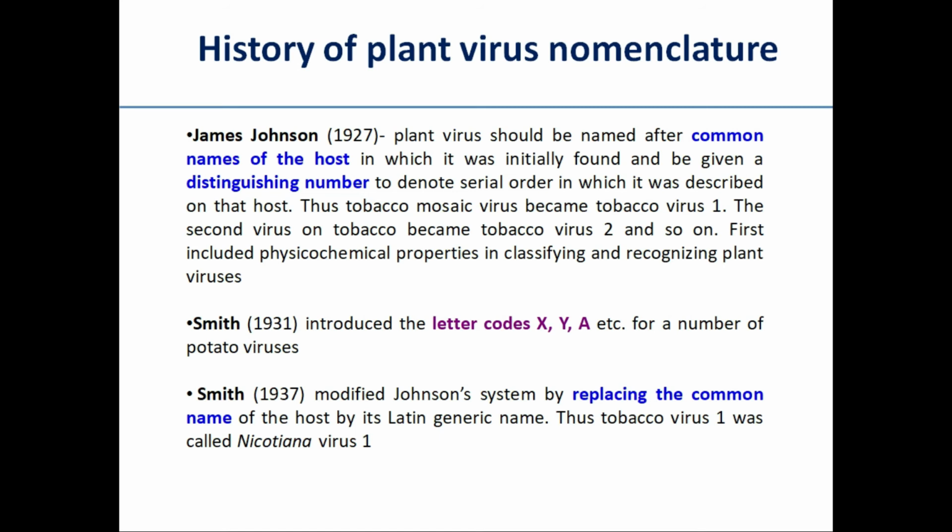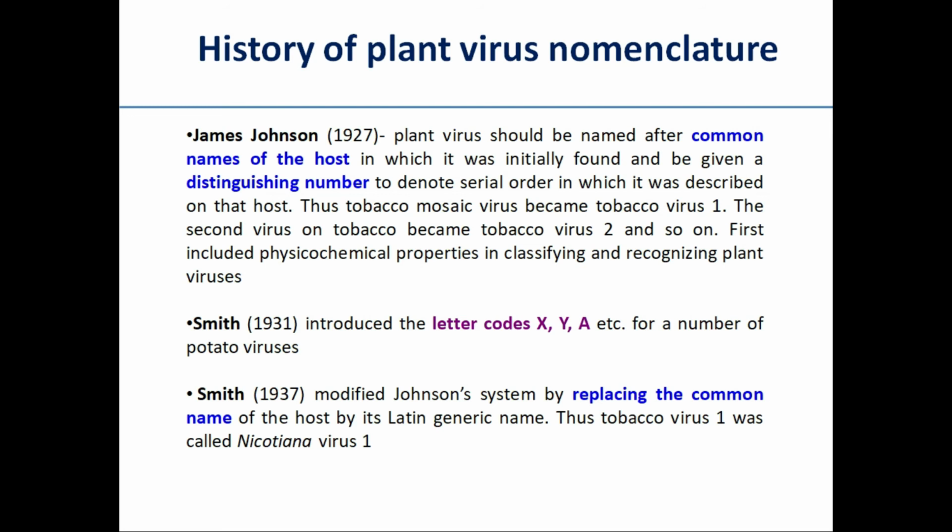Smith in the year 1931 introduced the letter codes X, Y, A, S, etc. for a number of potato viruses, and these letter codes are still used in naming some potato viruses. We still use potato virus X, potato virus Y, potato virus A, and so on.